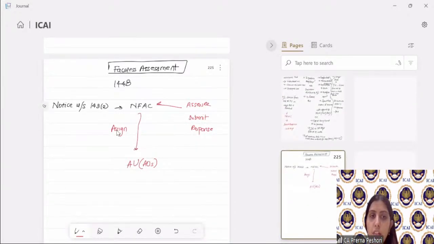So AU will ask the NFAC if it feels any further information is required from the assessee. Is that clear?